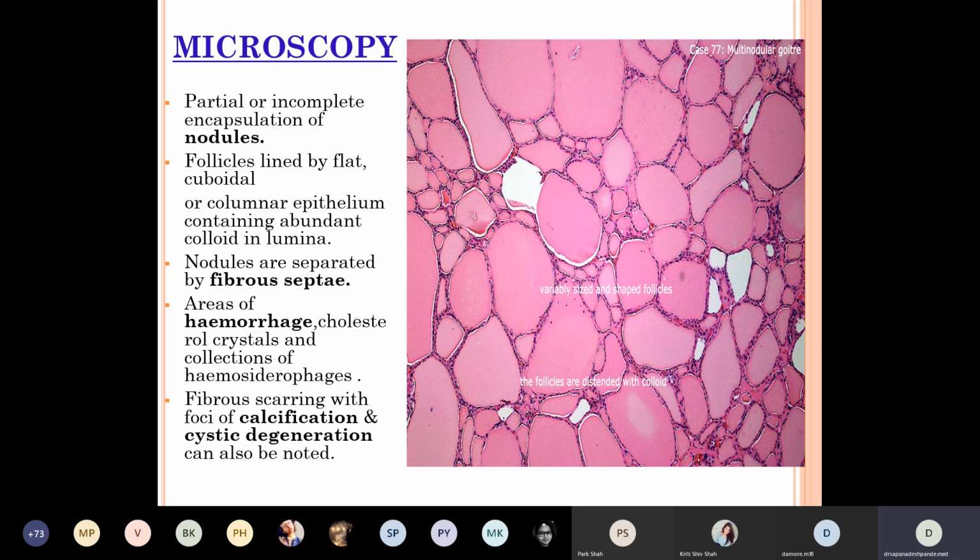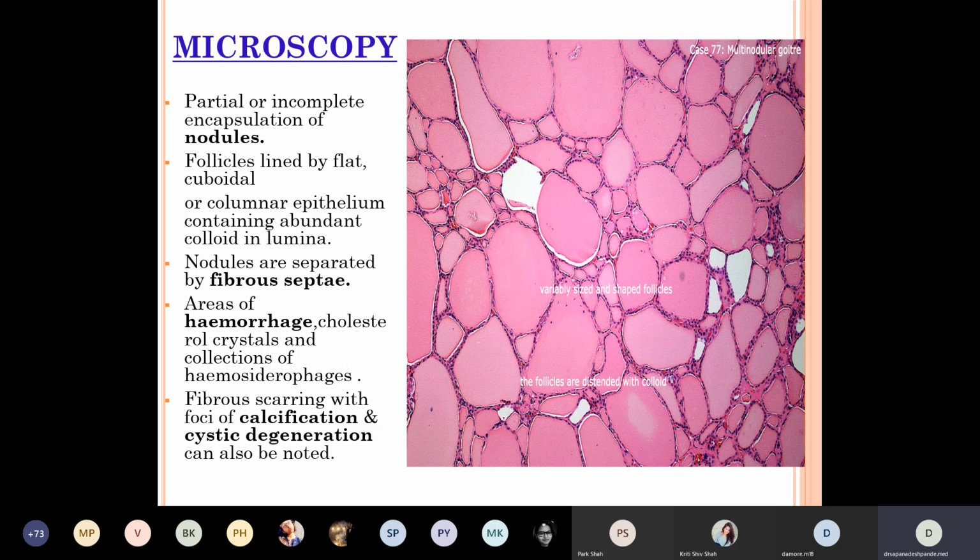So what is the microscopy? Partial or incomplete encapsulation of the nodule, follicles lined by flat cuboidal epithelium or sometimes columnar epithelium, containing abundant colloid in the lumen. Then nodules are separated by fibrous septae. Sometimes there will be areas of hemorrhage and cholesterol crystals.